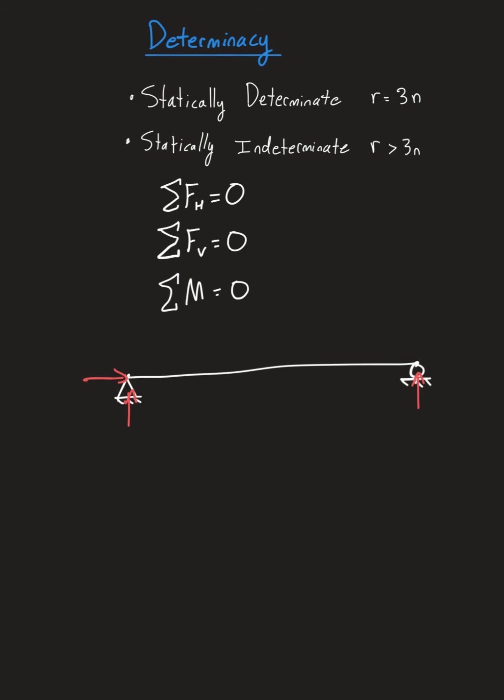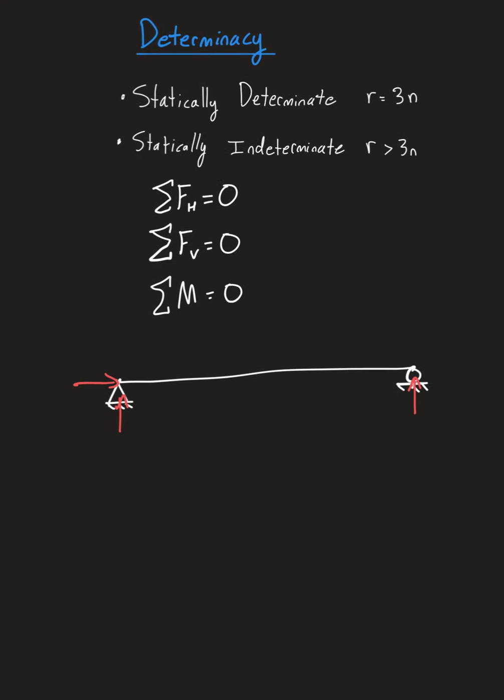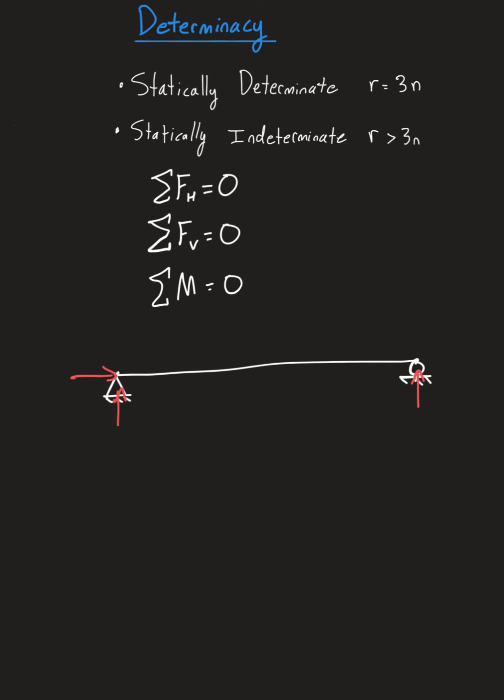So if we want to evaluate whether this is statically determinate or indeterminate, we first start with our number of reactions, which we're going to call R. And in this case, we have 3 reactions, so R equals 3. And then N is our number of members. So we only have this one beam. So for us, N is going to be 1 for this problem.